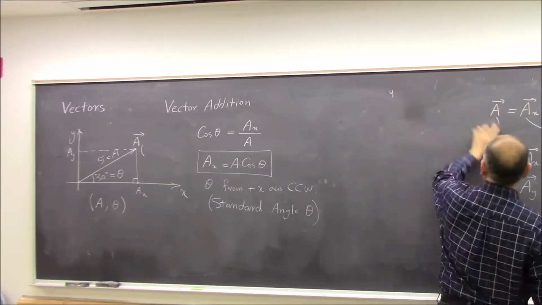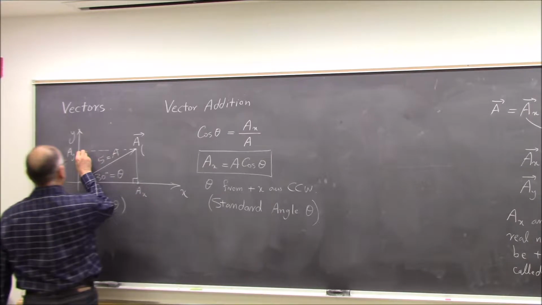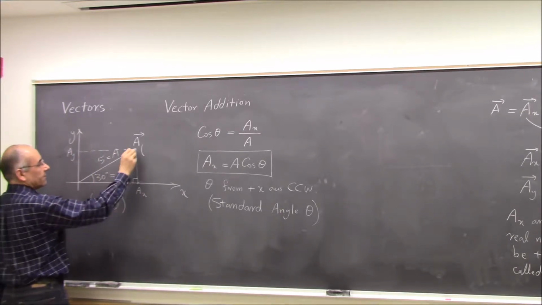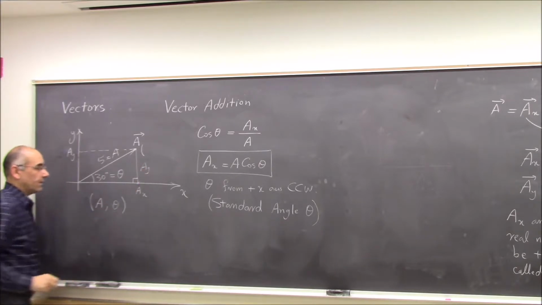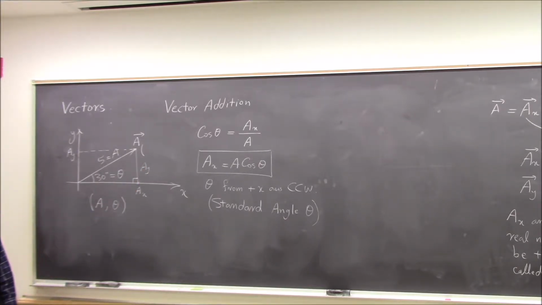Similarly, for the y component, this length is the same as that, so this is the magnitude of AY basically, the absolute value of AY.